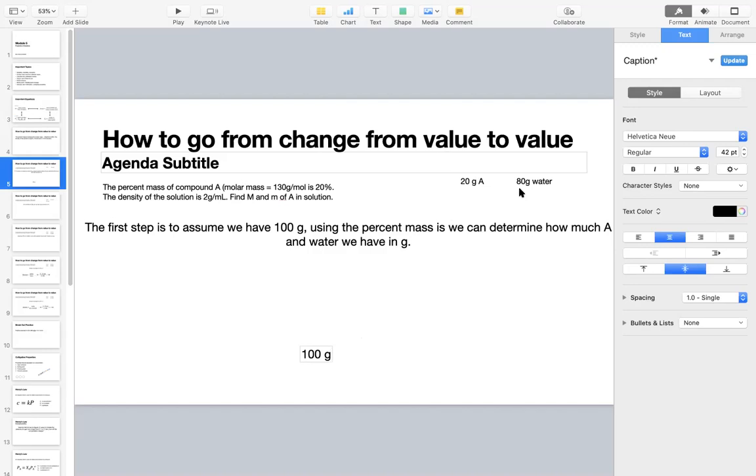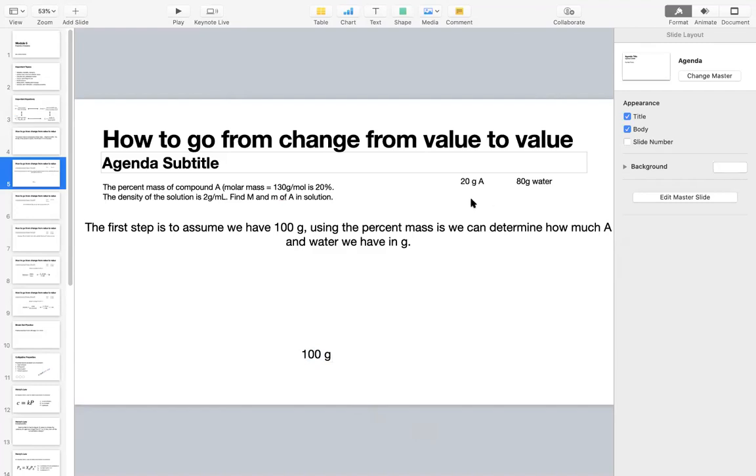And if we have 80 grams of water, we also know that we have 80 milliliters of water because the density of water is 1 to 1. So from assuming 100 grams, we get 20 grams of A and 80 grams of water.